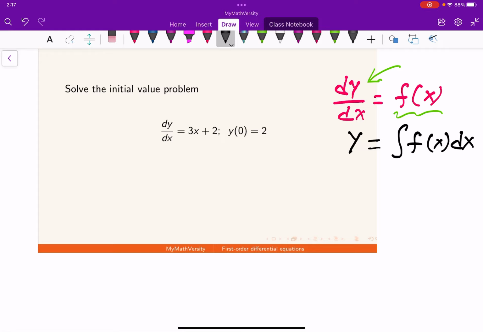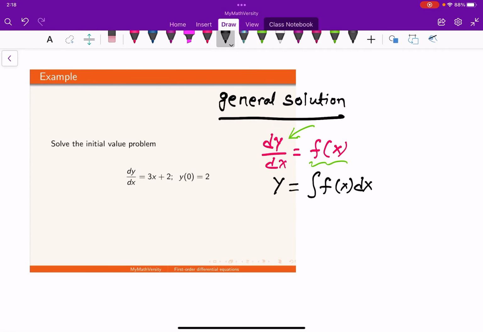Our task was to get the general solution. Since this is our differential equation, to find y, I'll just find the antiderivative of 3x plus 2. Sometimes we cannot find the antiderivative of that kind of function, but right now we can.